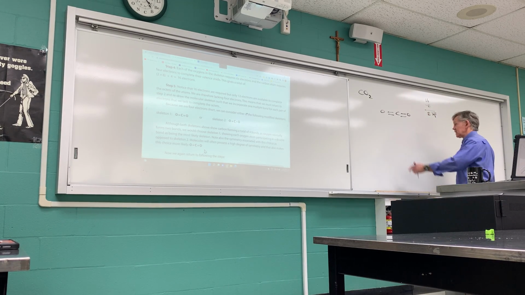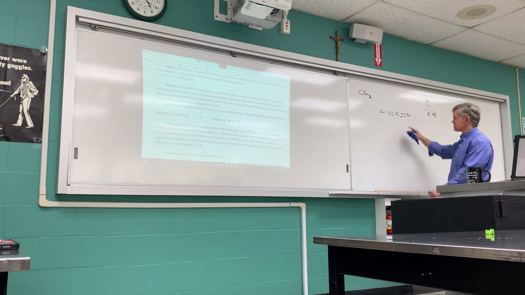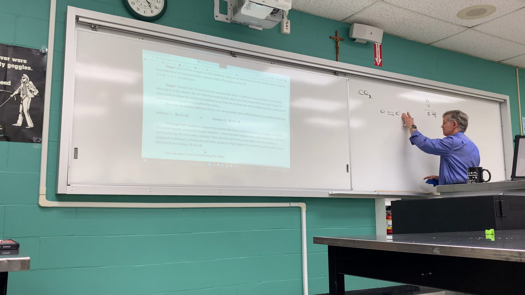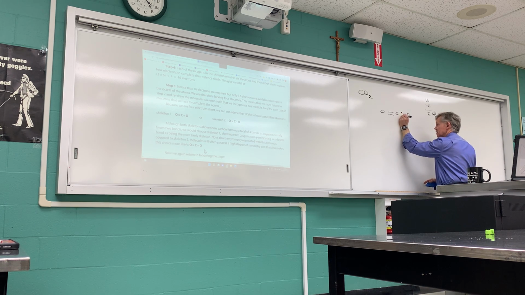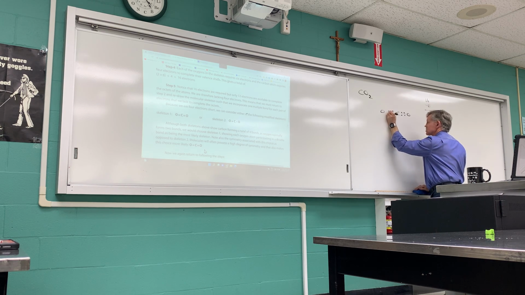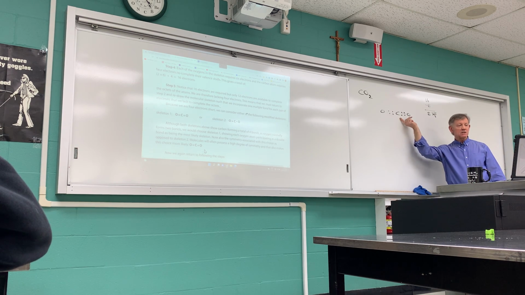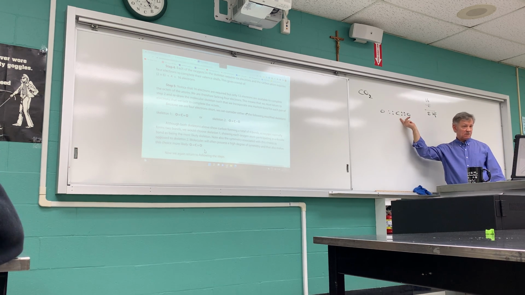So for example, if we look at this one, let's draw them like this, okay? So in a bond, we assign each atom in a bond half of the electrons in the bond, okay?